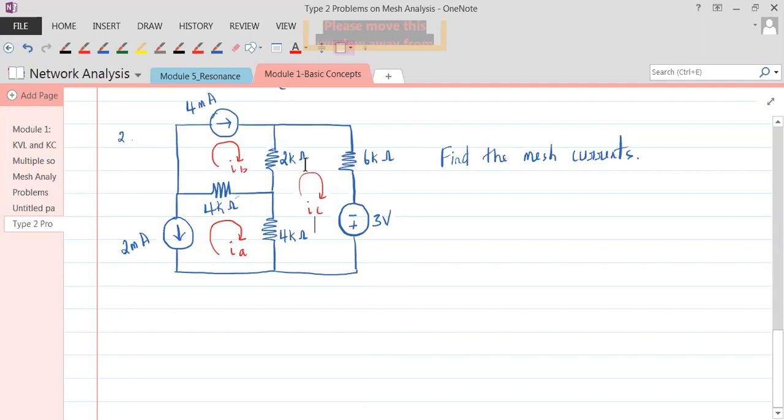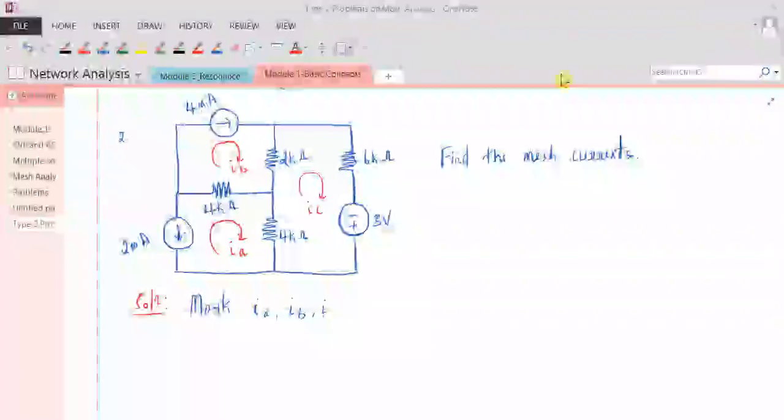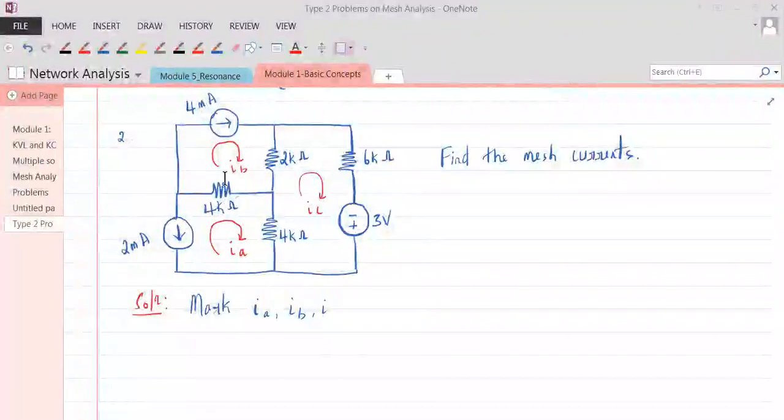Now let's take this. Since we know the mesh currents IA and IB, we'll be applying KVL only to mesh 3. So how to proceed is this.